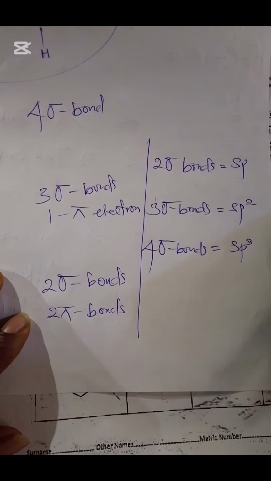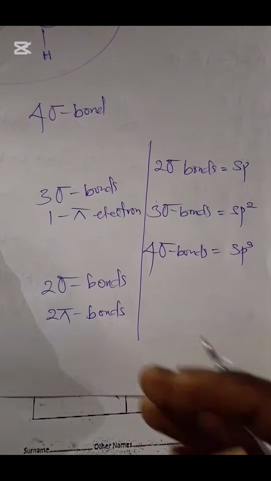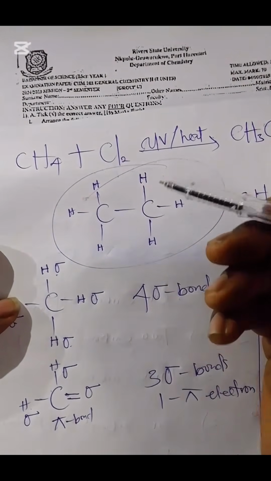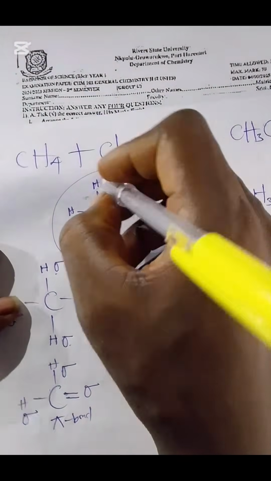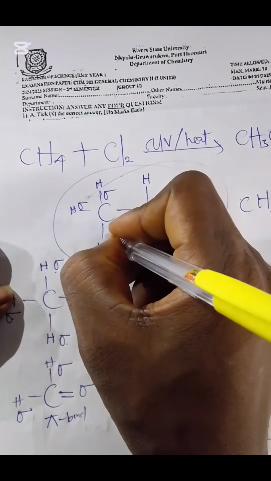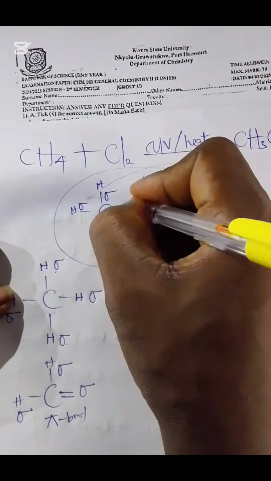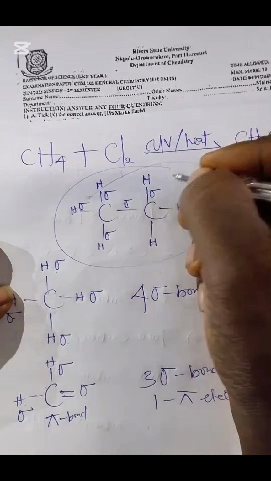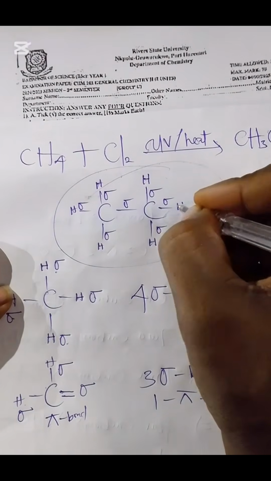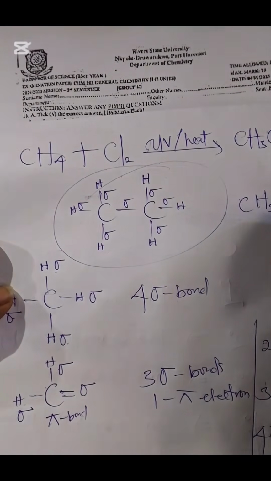For clarity, let's consider the formula for ethane over again. We have a sigma bond here, here, here, here, and so on.